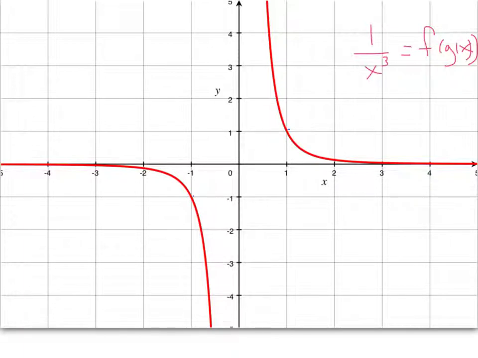Minus 1, minus 1 cubed is a minus times a minus times a minus, which is negative. 1 times 1 times 1 is 1. 1 over negative 1 is negative 1, so we're down here. And as x gets arbitrarily large, 1 divided by something arbitrarily large goes to 0, so we get the 0 behavior here. As x goes to negative infinity, 1 over negative infinity goes to 0 on this side.